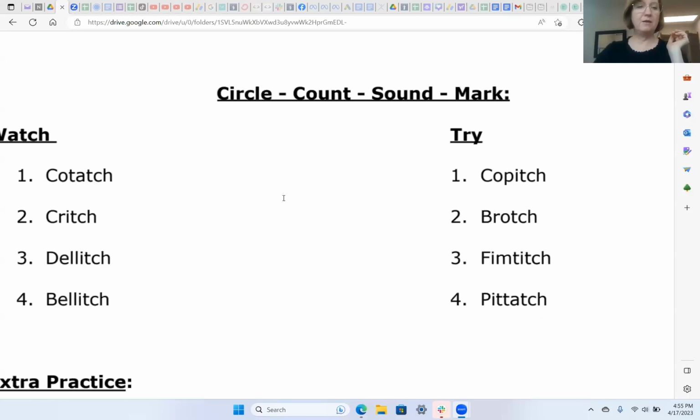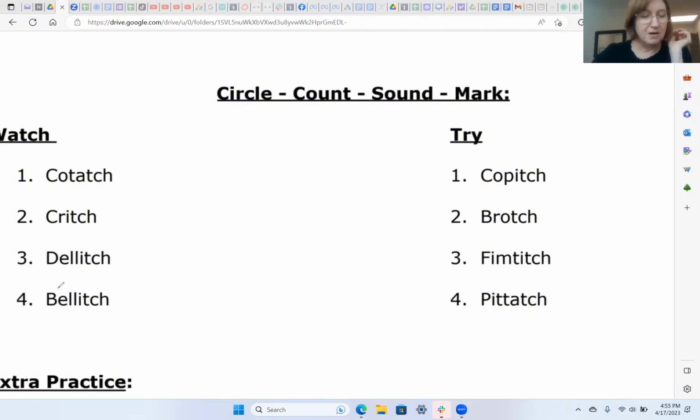Femtitch. So the shape of your mouth, if you can conquer that, you'll conquer the sound. It's all about where your lips and your tongue are placed, then you'll get the sound correct. Femtitch is number 3.